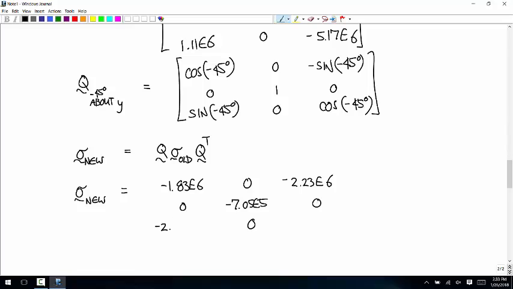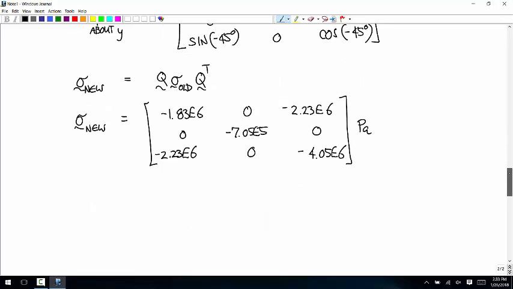This is -2.23 times 10 to the 6 because of symmetry, and then -4.05 times 10 to the 6. Pascals.